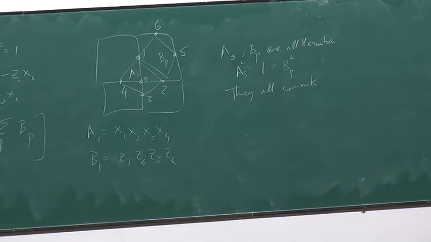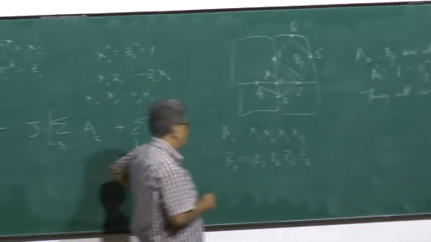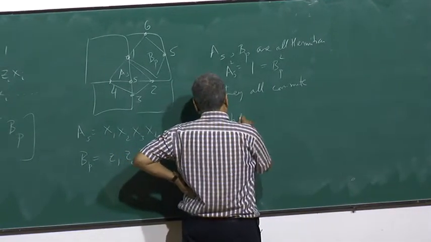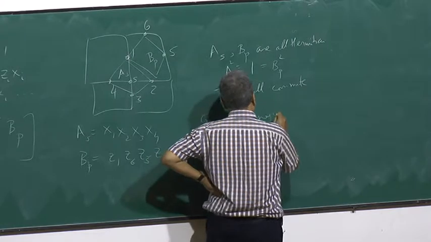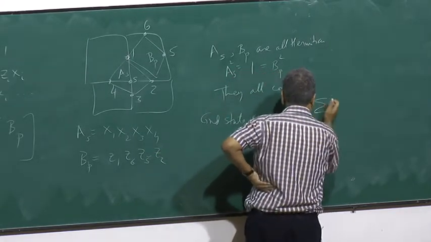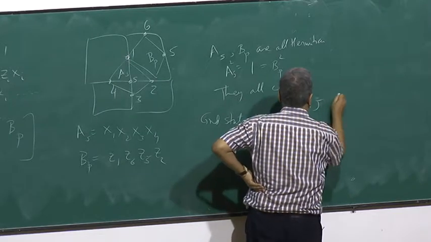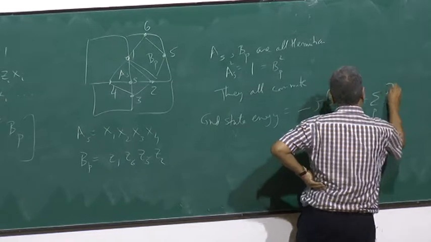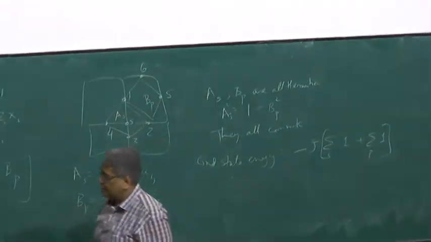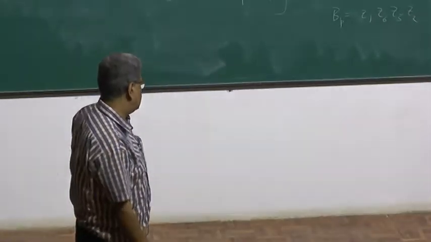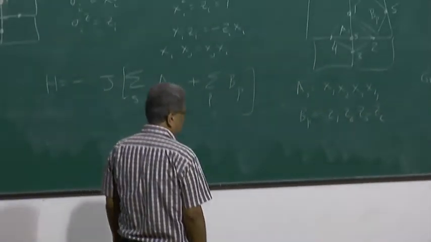That means that because they all commute, the ground state energy is just equal to minus J times the sum of the number of sites plus the number of plaquettes. So the energy is very simple, but what is the ground state? And that is not so simple.